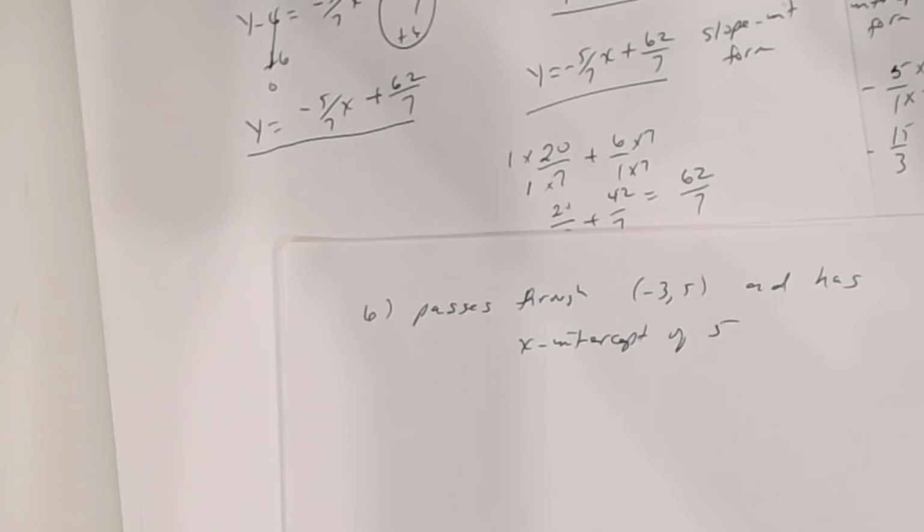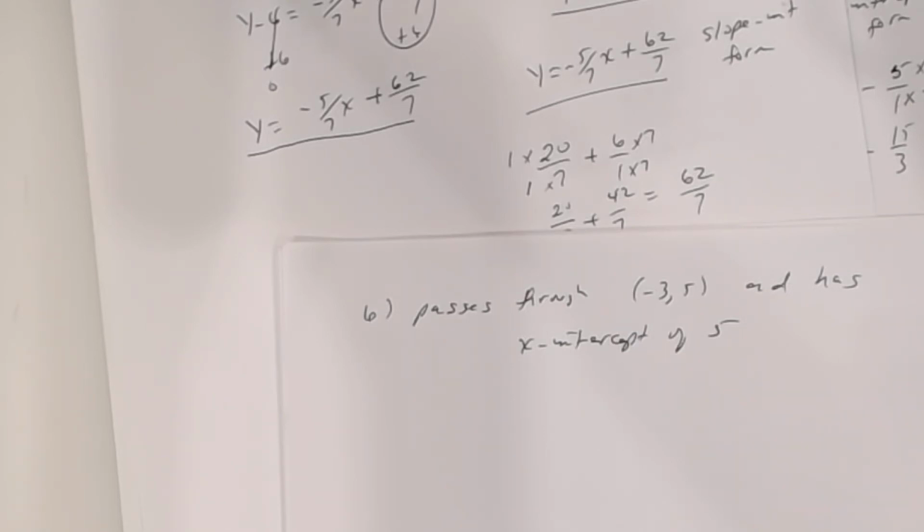Do I know the slope this time? No. In order to find the slope, do I need to know how many points? 2. Do I know 2 points? Yes. The x-intercept is a point, isn't it?